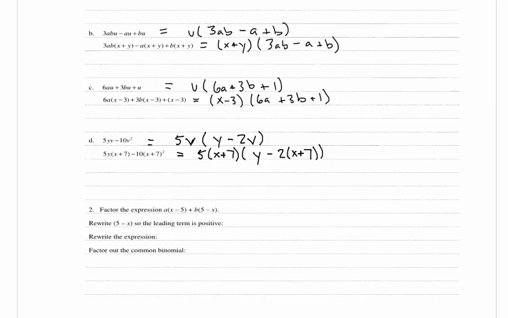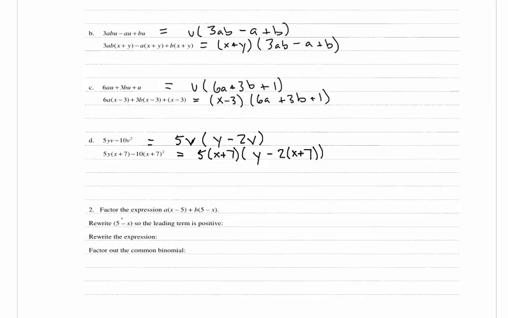In 2, it says, factor the expression a times (x - 5) plus b times (5 - x). And the first thing they want us to do is rewrite 5 - x so the leading term is positive.